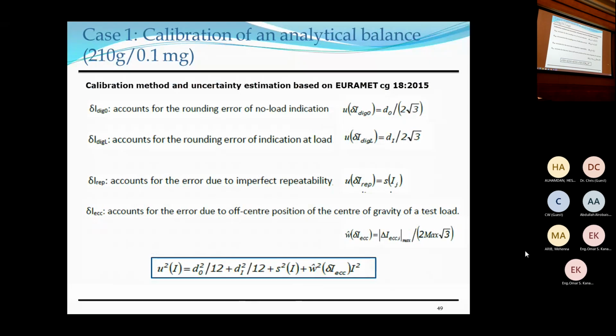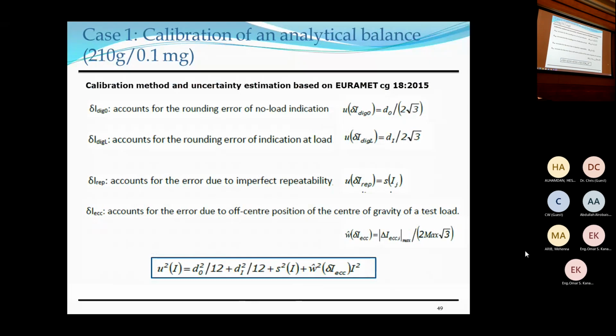So this is the uncertainty of the resolution twice, because we have the loaded state and the unloaded state. So this is the resolution divided by 2, divided by the square root of 3, because I'm assuming a rectangular distribution. Then for repeatability, just the standard deviation.